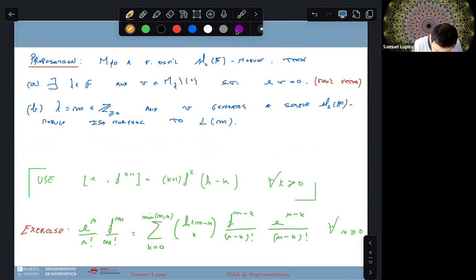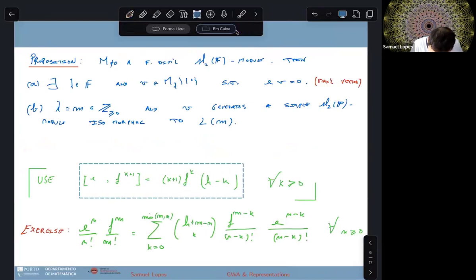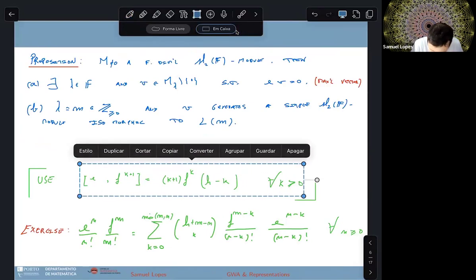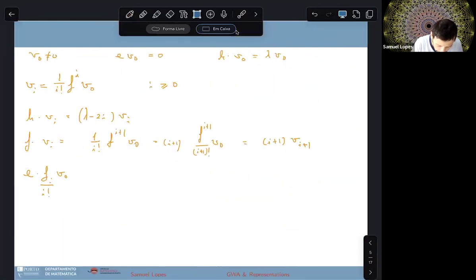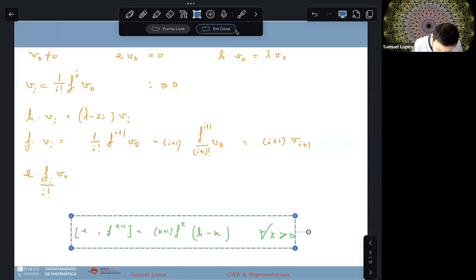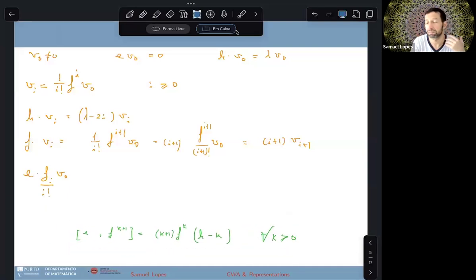Let me just copy it so that I can use it. This formula is very easy to prove by induction, but when we later relate sl2 with generalized Weyl algebras, you'll see a way to come up with these formulas in a very nice way, without having to guess too much. So I'm going to use this formula.